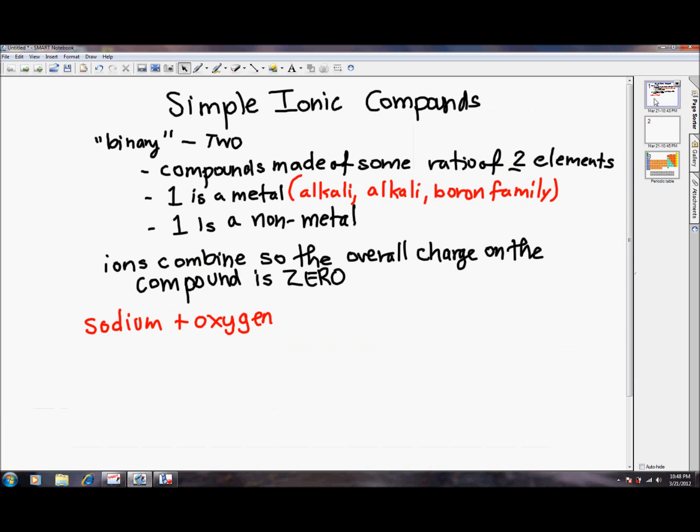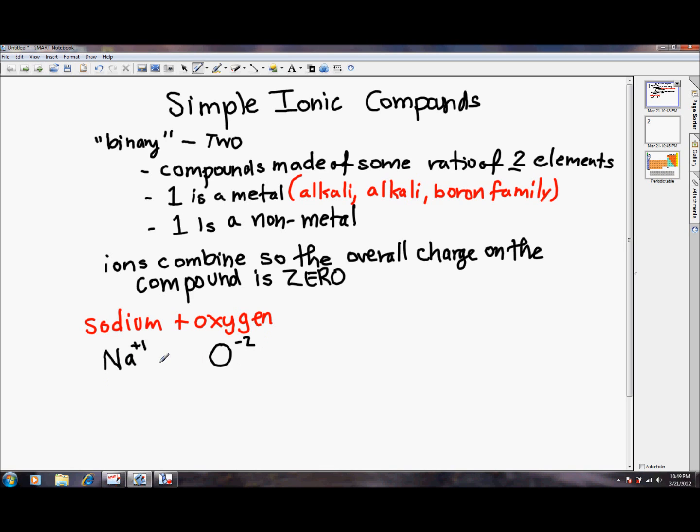Okay, let's go back to our example here. Alright, so I'm going to write Na+1. Okay, this is the sodium ion. And oxygen -2. This is the oxygen ion. Now if you look, +1 and -2 do not add up to 0.